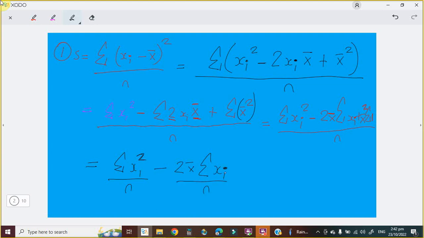Is that part okay too? I'm just separating and putting each over n. Then I have plus bar x squared times, we just established that the sum of 1 is what? N over n. Okay with this?